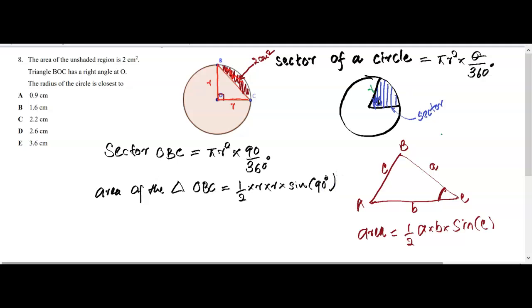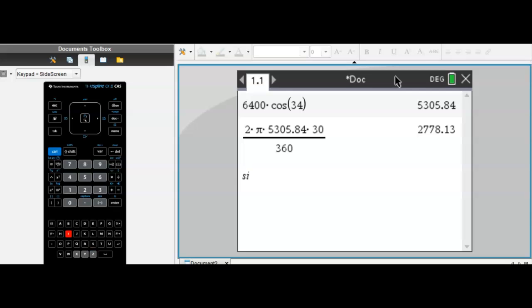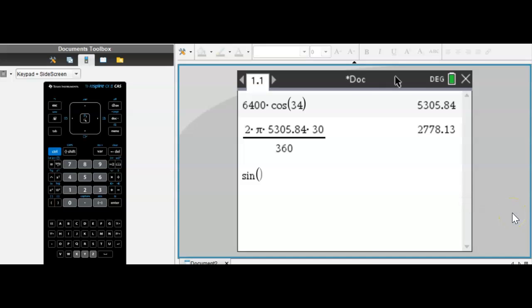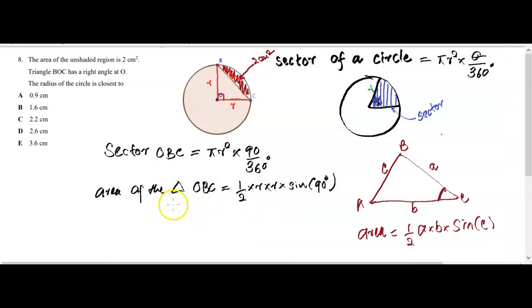What's the value of sine 90? If you don't know, that's fine, you can always figure it out from your CAS. Sine 90 is equal to 1. So the area of this triangle is equal to half r squared. And we can simplify the sector a little bit more: this is pi r squared over 4.